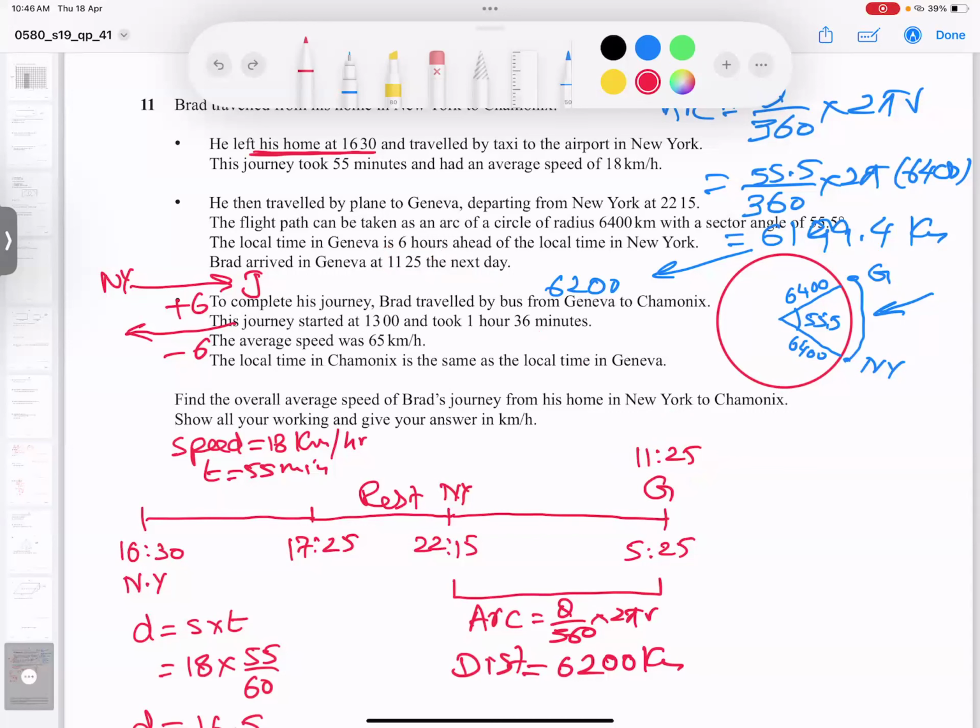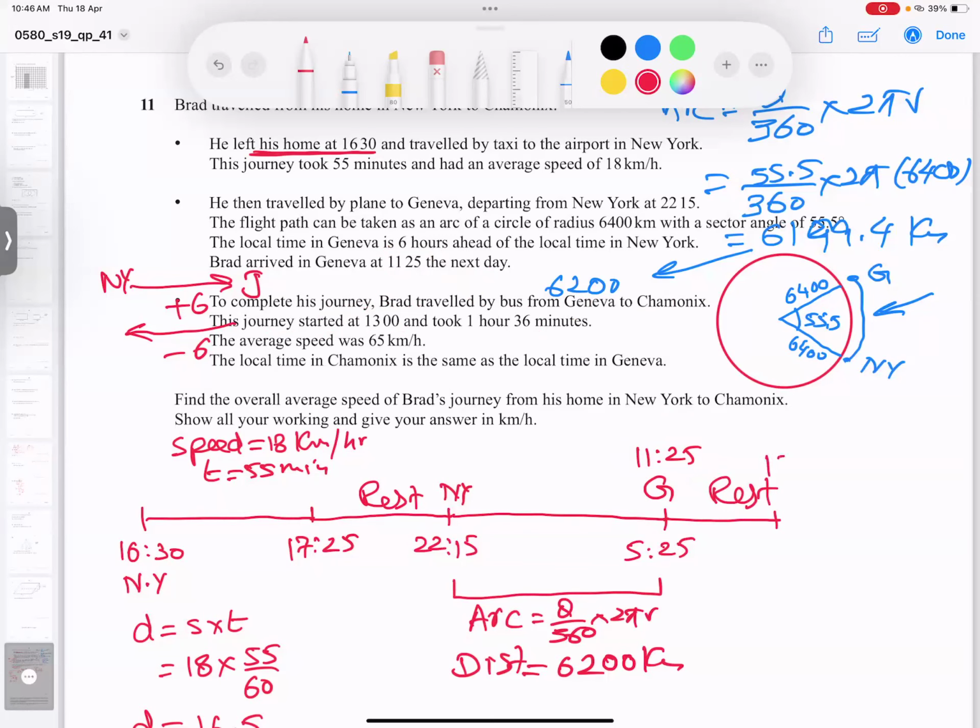After this, what is the term? Complete his journey. Brad traveled from Geneva to Chimoxoke, and the journey started at 13 and took 1 hour 36 minutes. So what time will he rest here, and what time will he leave here? Again, this time is 13 hours.